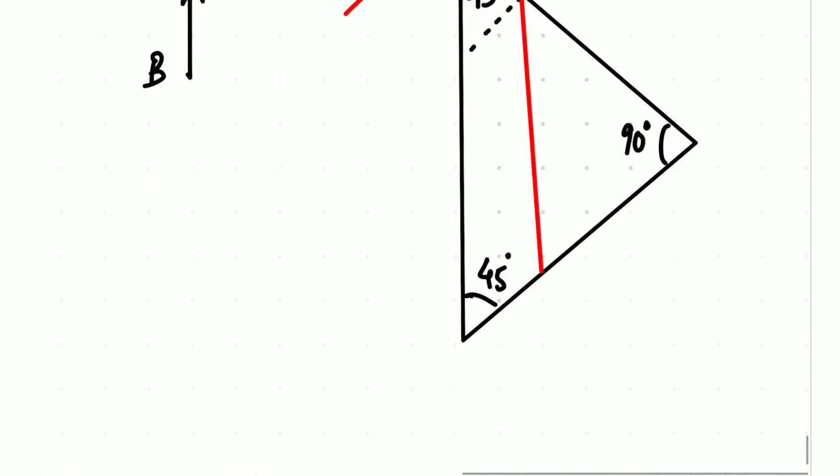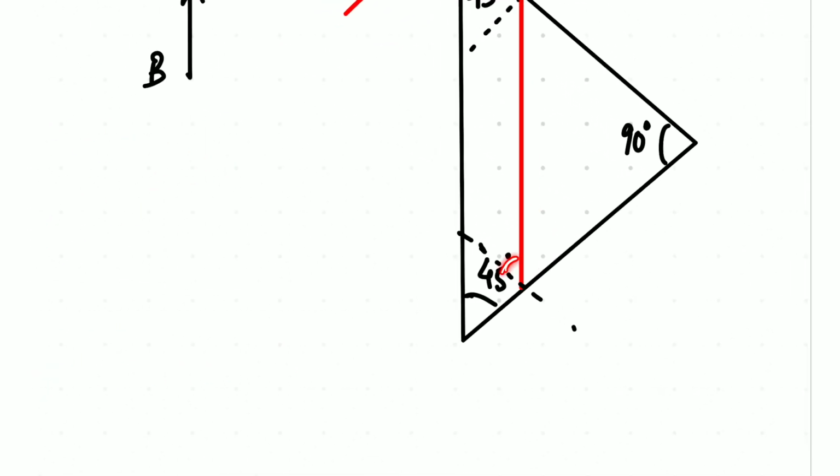Now what is going to happen? We have to understand that this angle will again be more than your critical angle, and because of that it is totally internally reflected again. It will go something like this. So here I have my A dash.